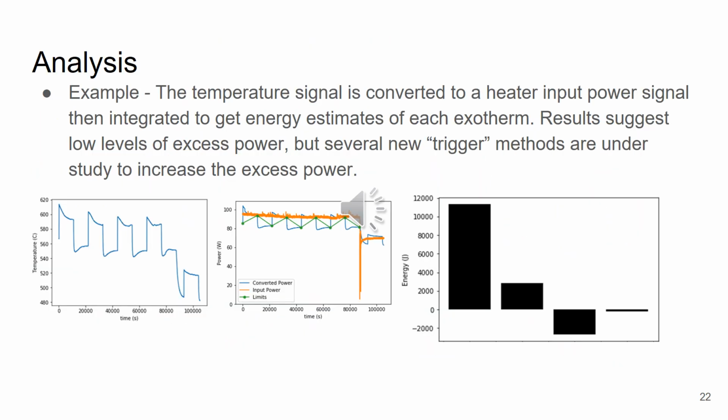In these runs, the jump in temperature represents a quote trigger for the LENR reactions. As seen here, the initial data suggests that some low levels of excess heat, LENR power, are being observed.